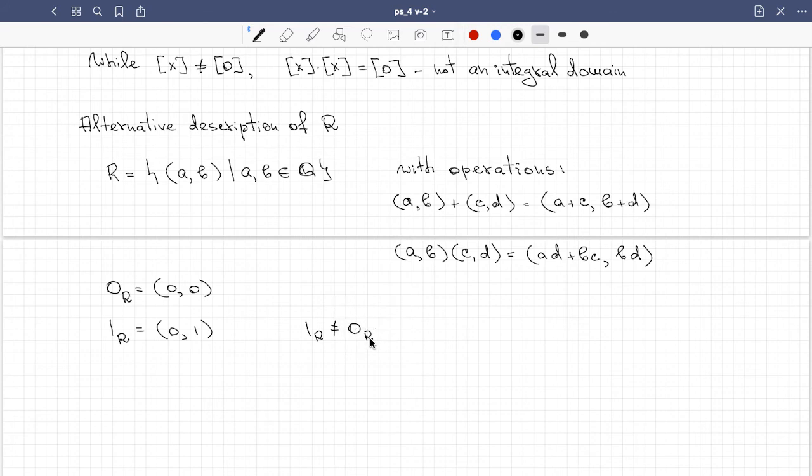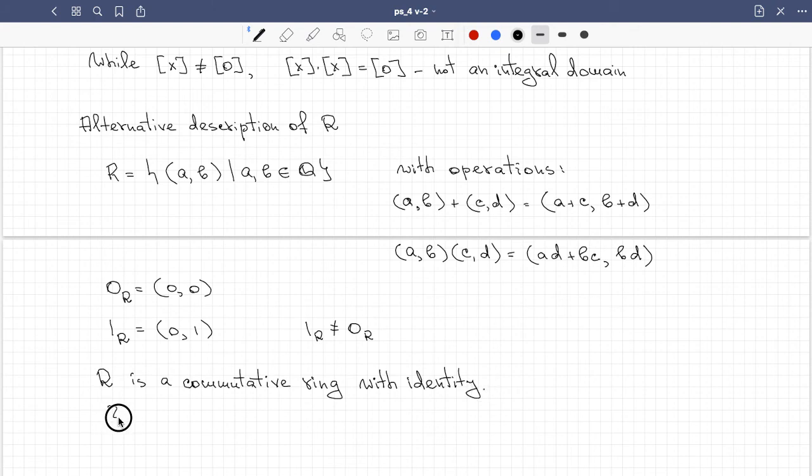So R is a commutative ring with identity, not an integral domain.